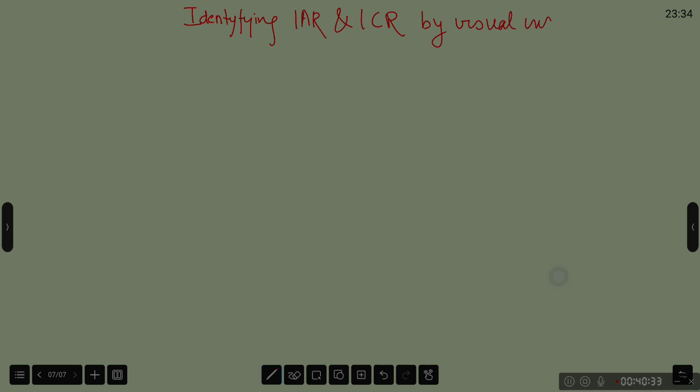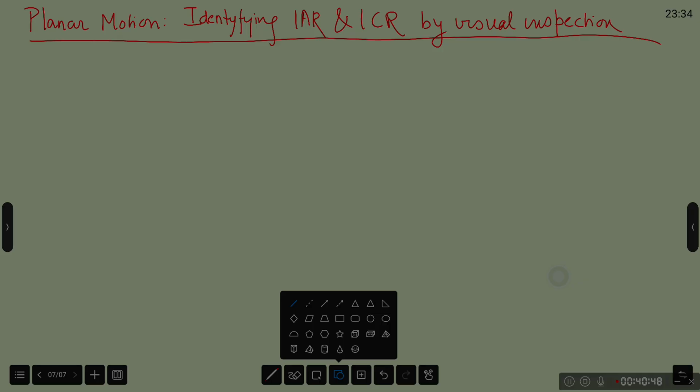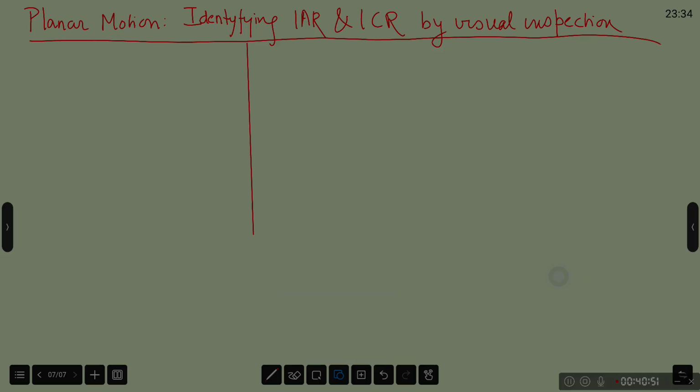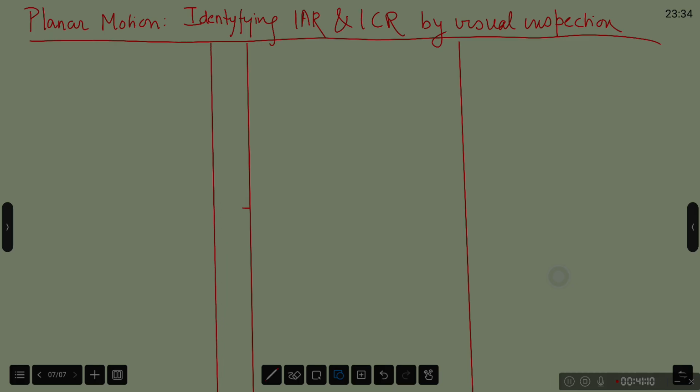And all these are for planar motion. Three cases. Case 1.